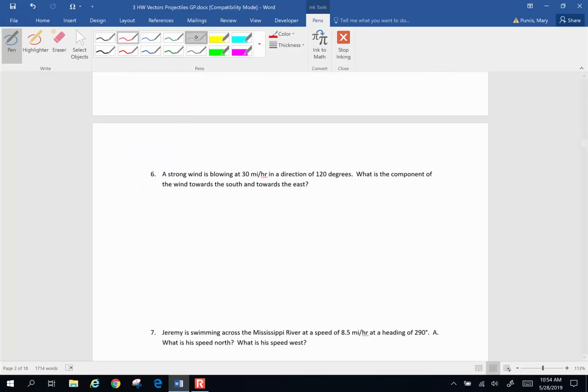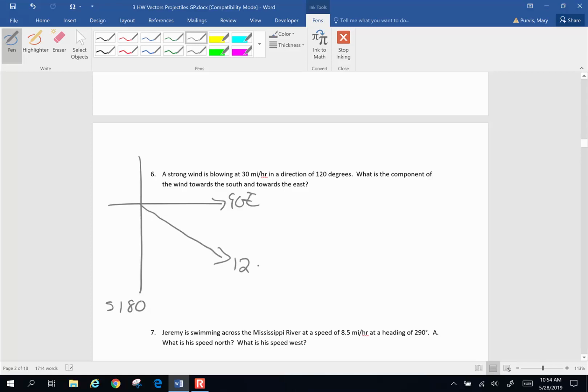Let's do another one. A strong wind is blowing at 30 miles an hour in a direction of 120 degrees. What is the component of the wind towards the south and towards the east? Now what we're doing is we are actually breaking vectors into components. In a direction of 120 degrees, east is 90, south is 180, so 120 degrees is going to be right here.